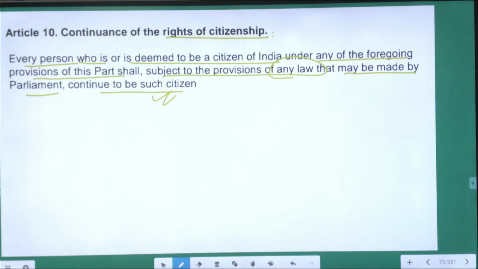Just by virtue of being a citizen, all laws made by Parliament are applicable to that person.